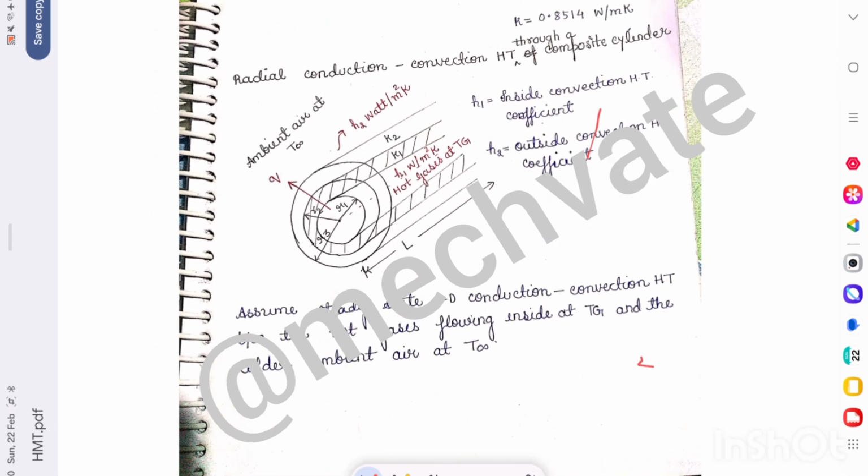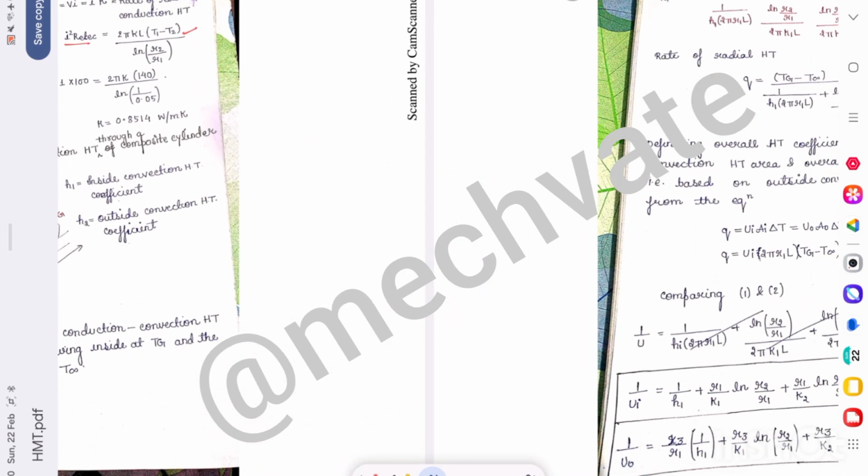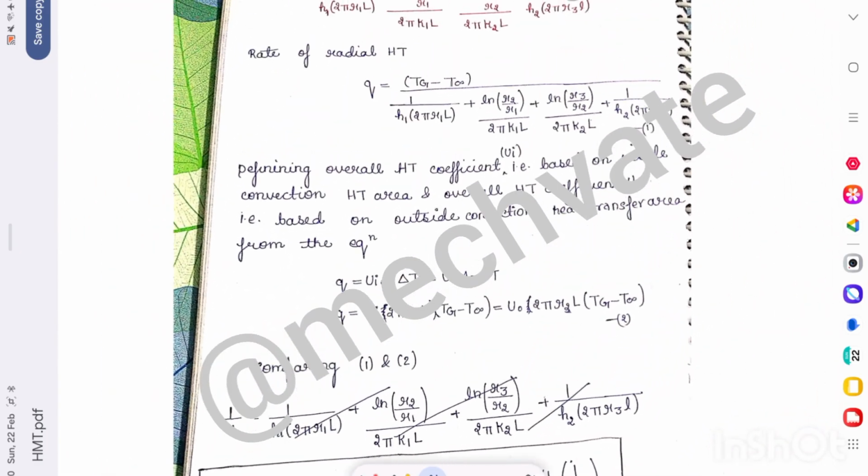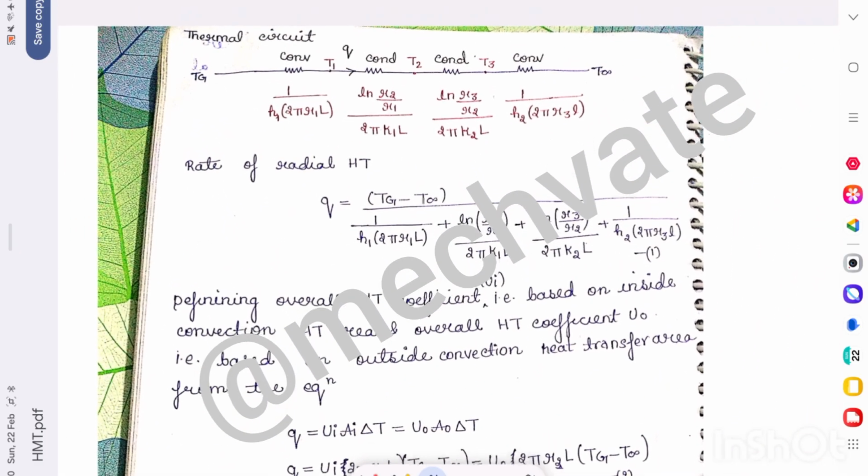So assume steady state one dimension conduction convection heat transfer between hot gas inside at Tg and the colder ambient air at T infinity.